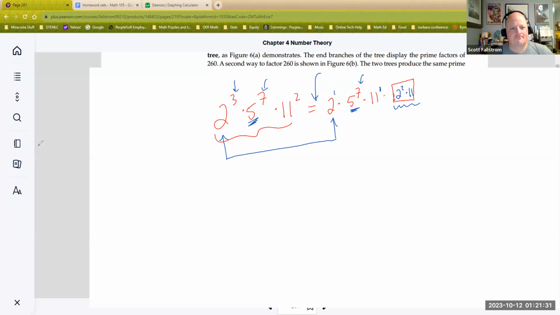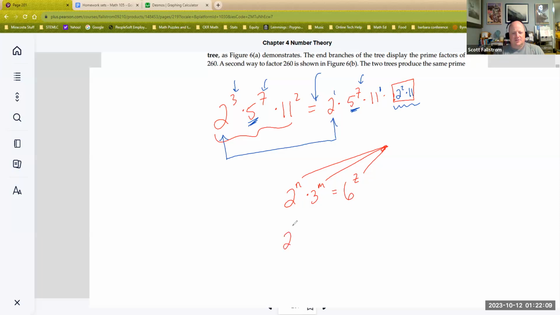Right. And what else? Maybe some other sample problems. Let's see. If we had something like 2 to some power times 3 to a different power equal to 6 to some exponent, I'll call it z, could you find values for these that would make this equation true?